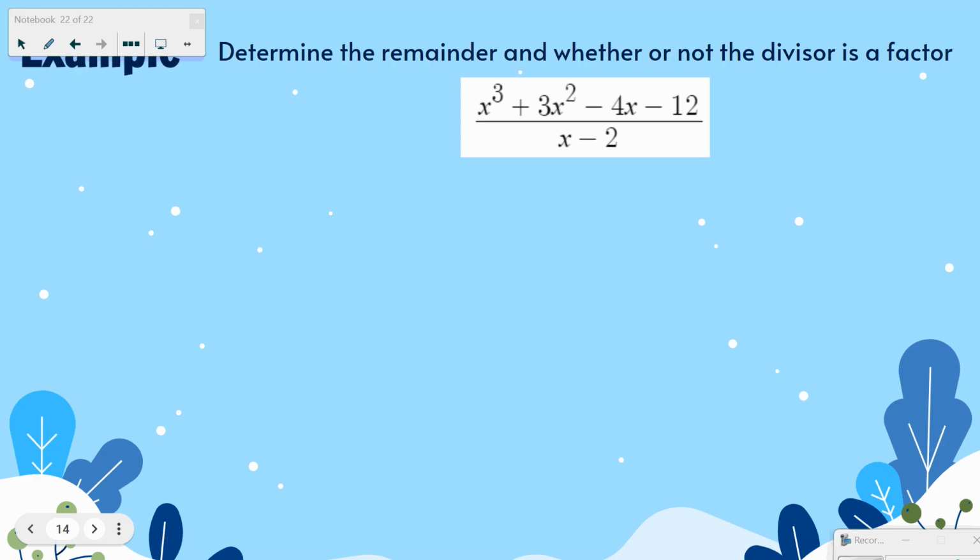So here we have x cubed plus 3x squared minus 4x minus 12, and I want to figure out if x minus 2 is a factor. A couple different ways you could approach this. How can I figure out if x minus 2 is a factor? Synthetic division. Good, so option 1, I can do synthetic division, and my remainder needs to be 0 for it to be a factor.